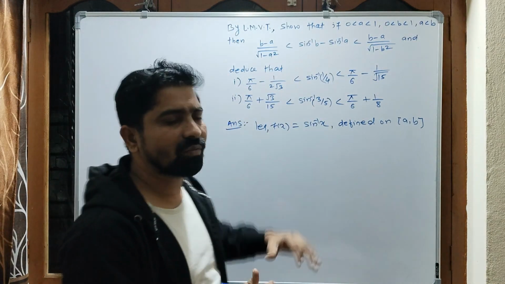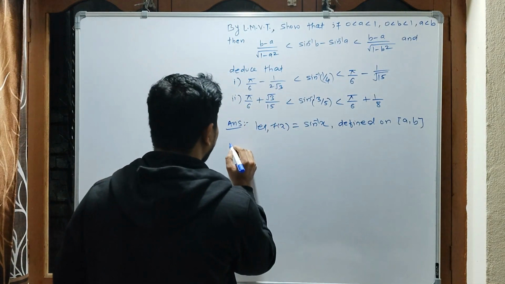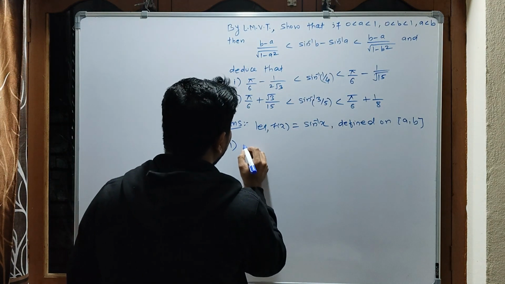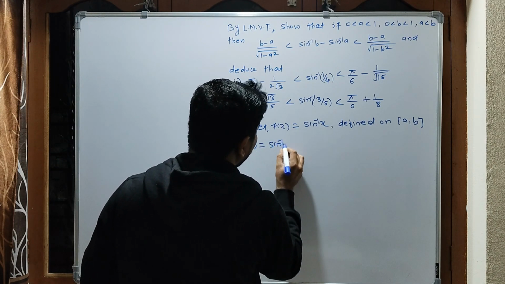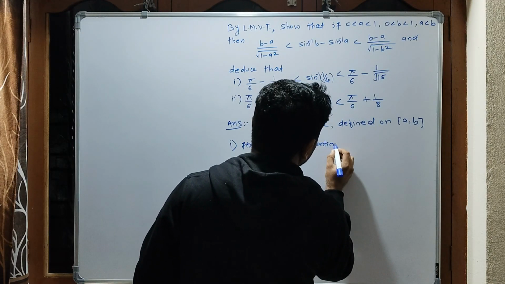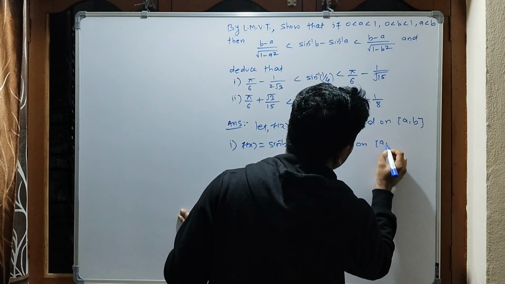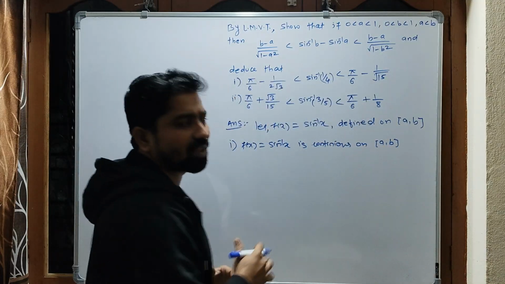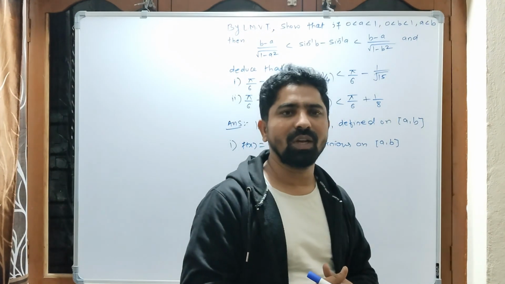As a trigonometric function, this function is continuous on the closed interval a to b. So first, f of x equal to sin inverse x is continuous on the closed interval a to b, which is continuous on the whole set of real numbers R, so it is continuous on the closed interval a to b.